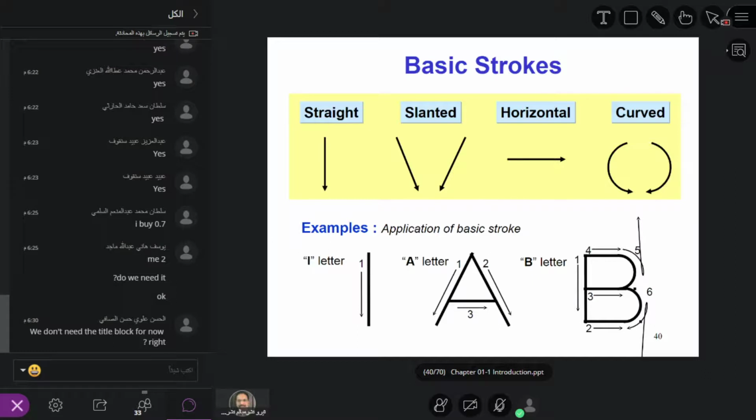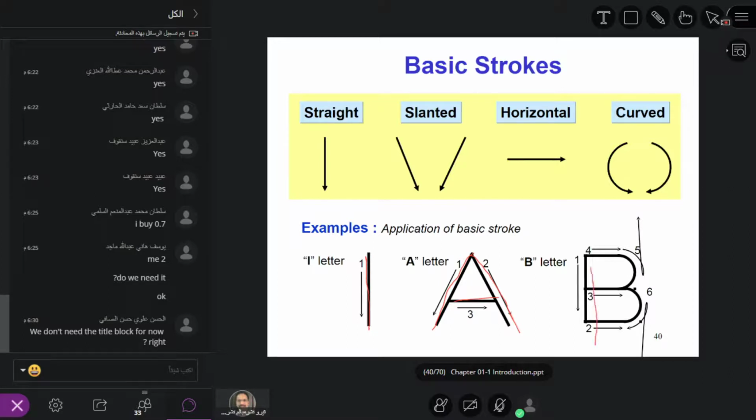So how to write the letters? I think this is pretty easy because you all know this now, because you are in a university, so I'm sure you know it. So for the letter A, first draw a slanted line down, another line here, and then a horizontal line.